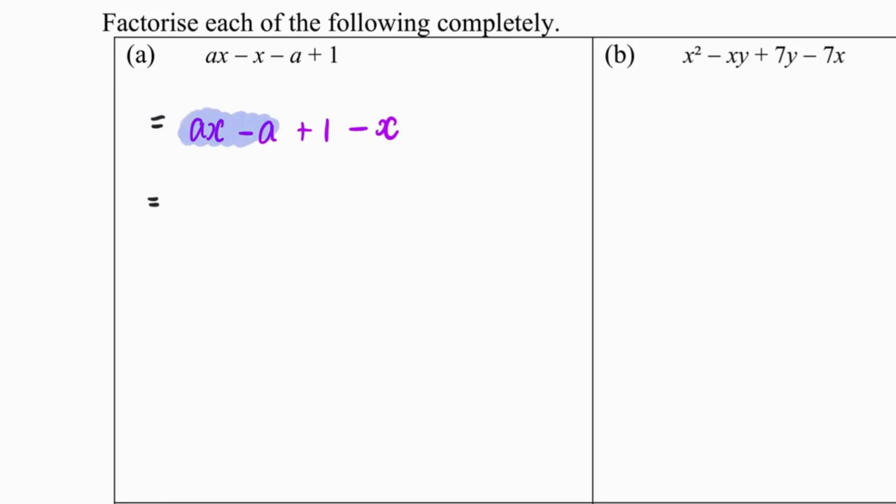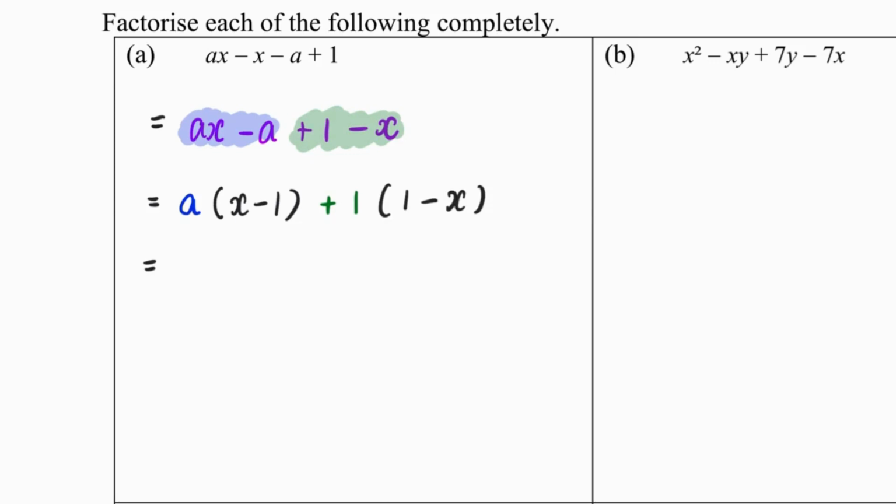I still have my blue color group and green color group. And this time round though, the common factor is a. I have my x minus 1, and at this stage, I saw that there is a plus 1 bracket 1 minus x.